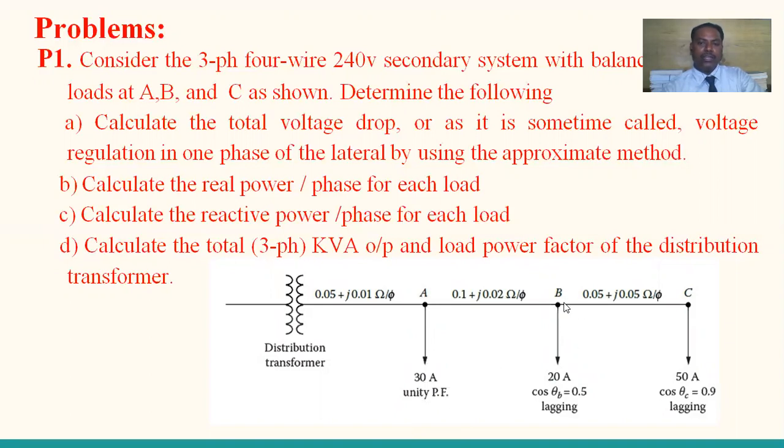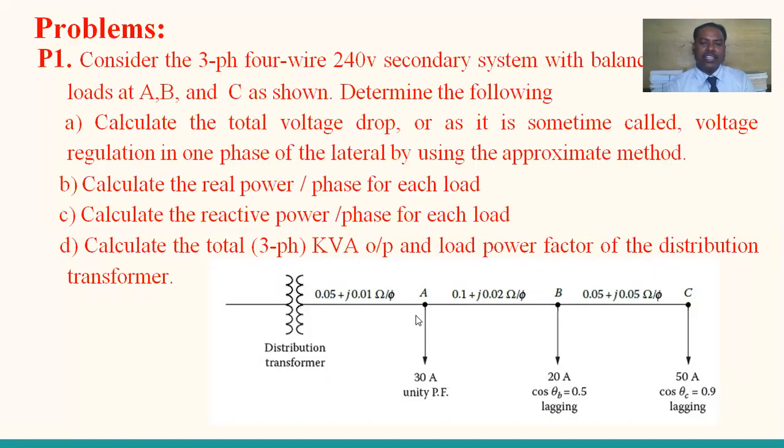At load B, 20 amperes current is diverted at a power factor of 0.5, and at load C, 50 amperes current is diverted with a power factor of 0.9 lagging.